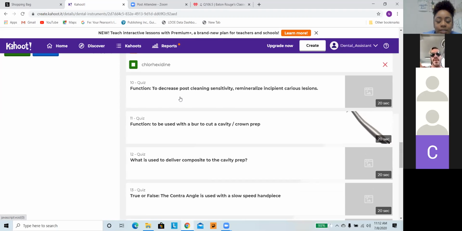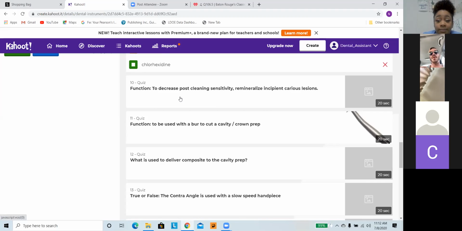All right, next question. This is on another instrument. It's used to decrease post-cleaning sensitivity, remineralize, and it's also used if there's a carious lesion, meaning if the tooth was open or some type of sore was in that area. Could be etch.